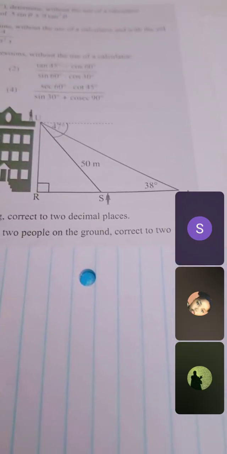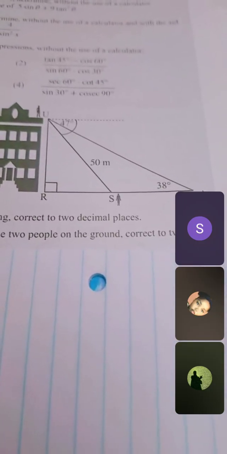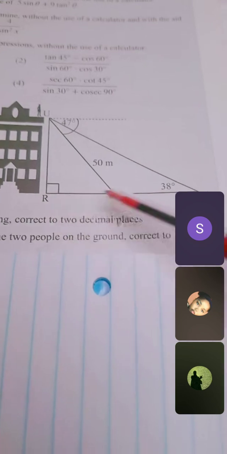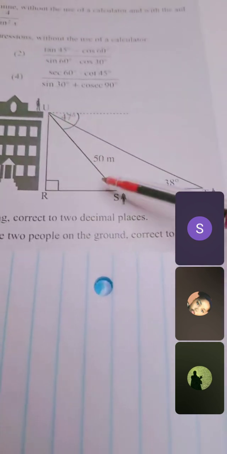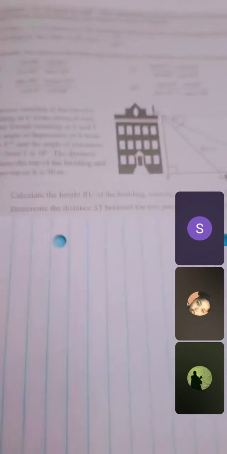Oh, angle RSU. Exactly, angle RSU. Yeah, because we are specifically referring to this angle. So, guys, here's the thing, and this is something that people who mark look for.